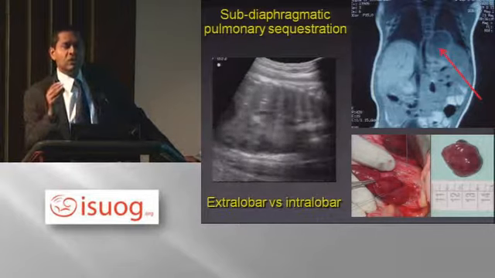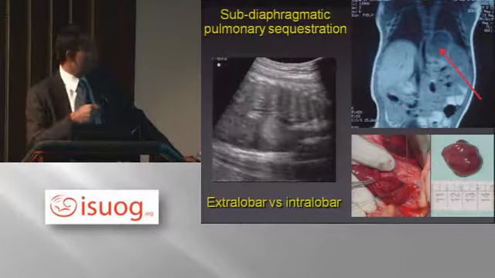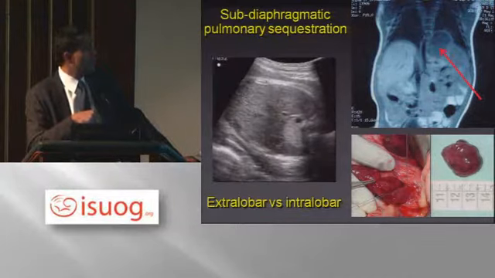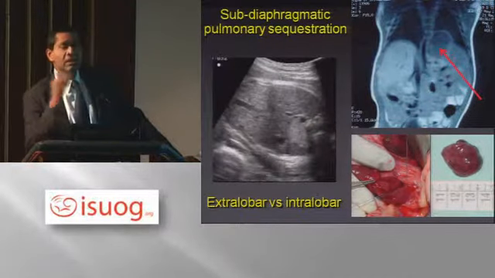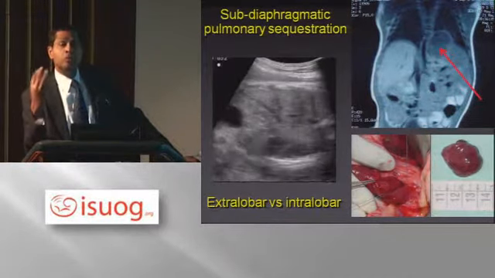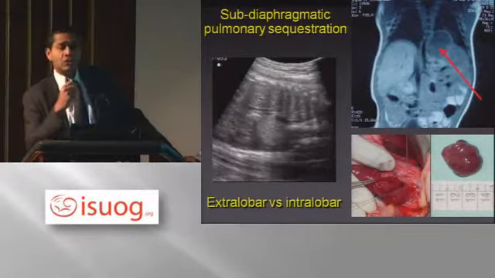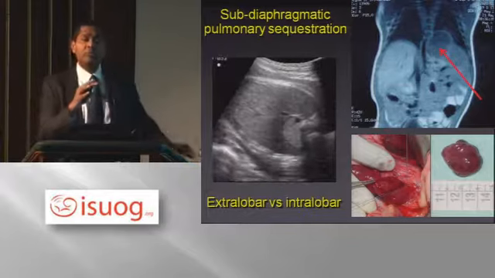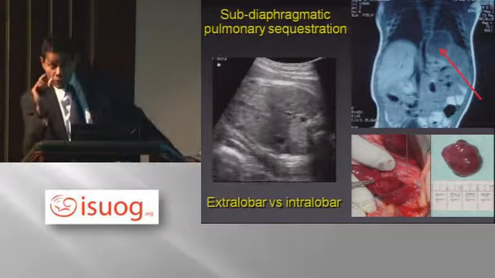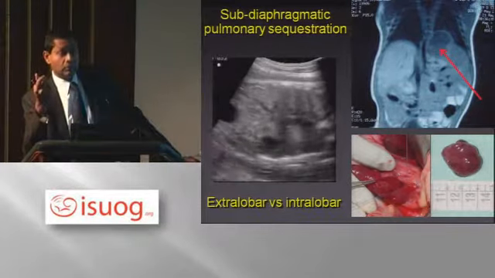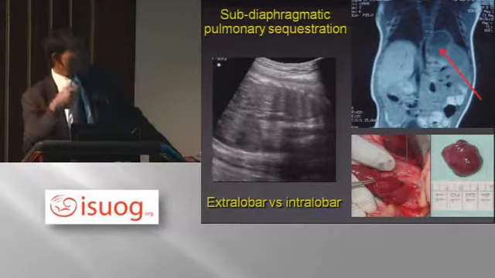The way we will distinguish that is by default. All this means, extralobar, intralobar, is whether this lesion is encased in a pleural membrane. If it's an extralobar sequestration, it does not have pleural membranes over it, and it is more prone to torsion. And that leads to two things.